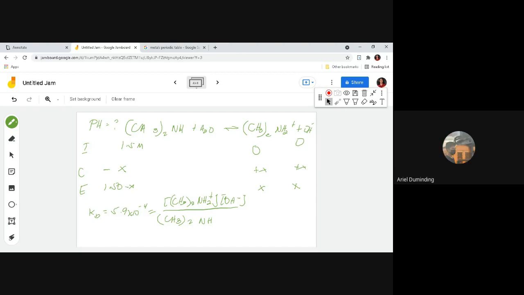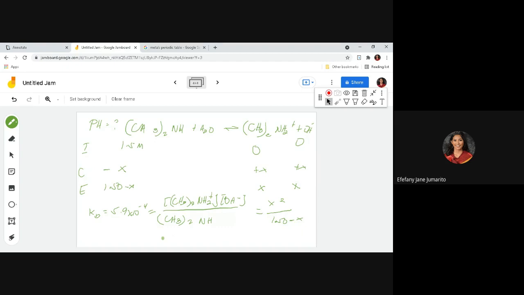Substitute the numbers. We will have x squared over 1.50 minus x. For us, we can neglect the x here, so it's easier to solve.